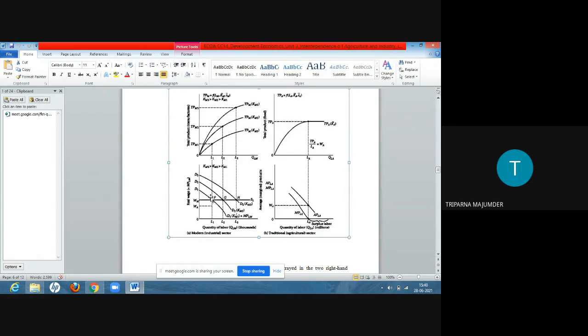Now, Lewis assumes, which we have already learned, that all of these profits are reinvested. That implies that total capital stock in the modern sector rises from KM1 to KM2, and we get a total product curve of TPM KM2.